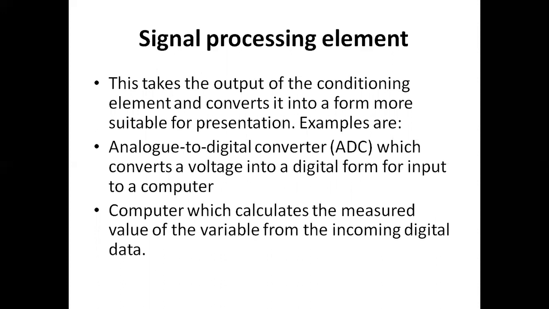Examples include an analog to digital converter, which converts a voltage signal into digital form for input to a computer, or a computer itself, which does computation of the measured signal and presents it to the display system.